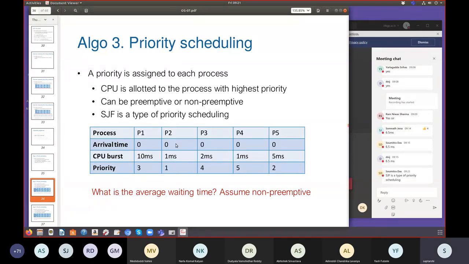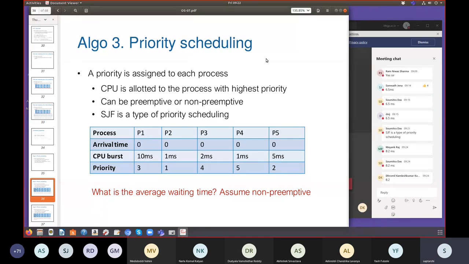Can you just work out this example? Yes, good.